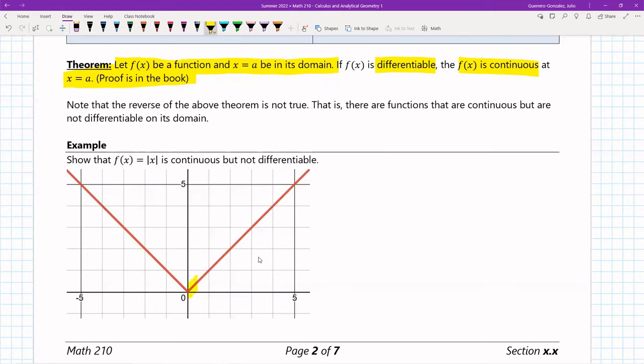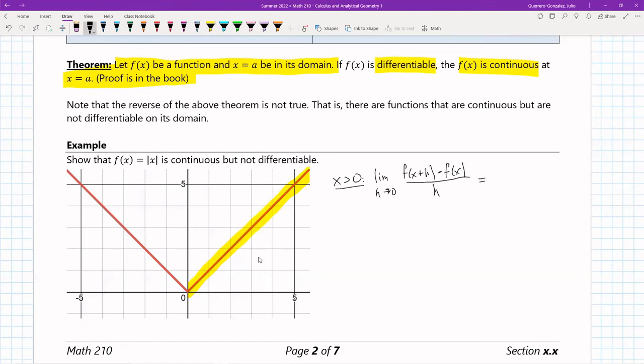Let's take this chunk right here, for x bigger than 0. If we take a look at the slope of the tangent line here, we're basically computing the limit as h approaches 0 of f of x plus h minus f of x all over h.